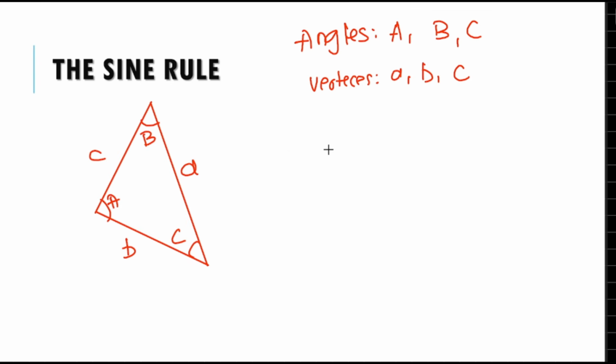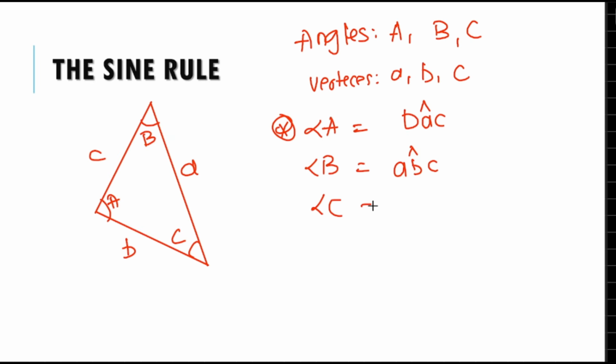Remember that when you are naming angles, of course, this is GSS1 work. Angle A can be written as angle BAC, if we use this side, and angle B can be named as angle ABC, and angle C can also be named as angle ACB.